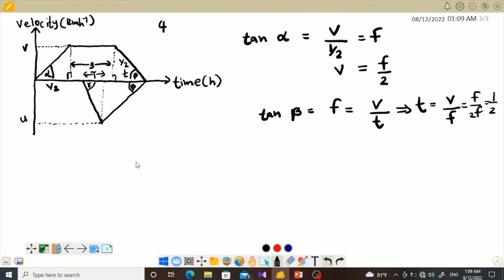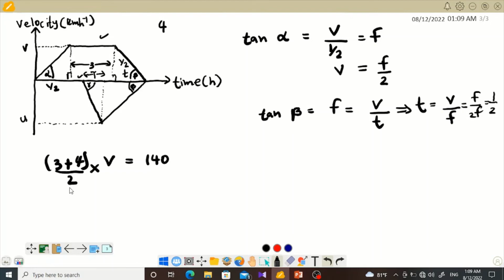First I add the lengths of the parallel sides, which are 3 and 4. This is one parallel side, and this is the other parallel side. So the values are 3 plus 4. We divide it by 2 and multiply by the perpendicular distance. The perpendicular distance is v. This equals 140.